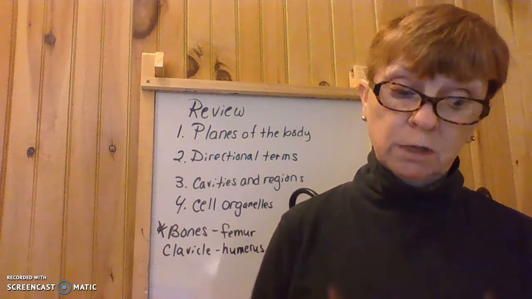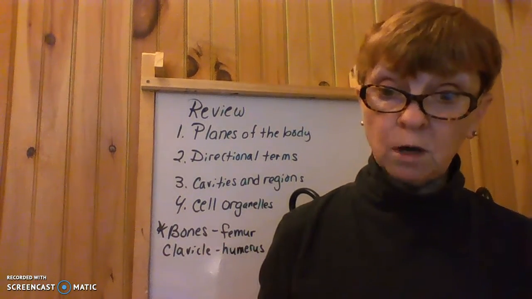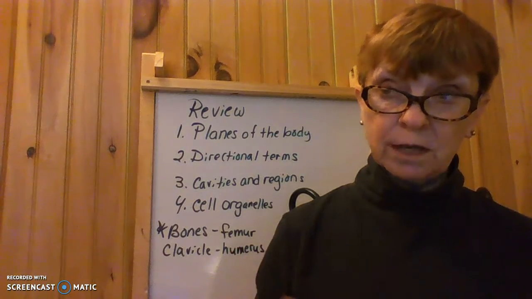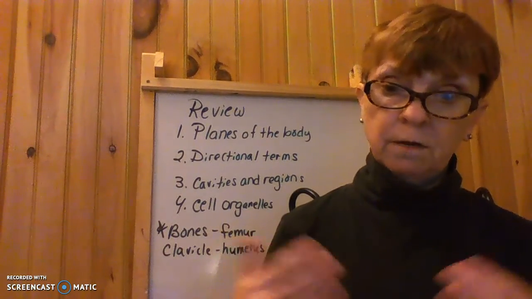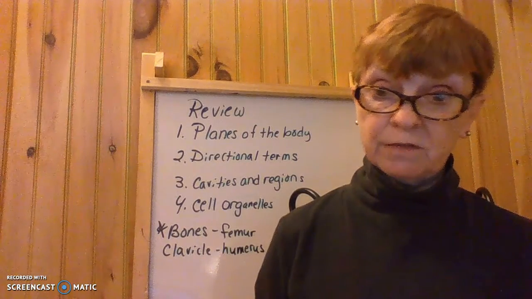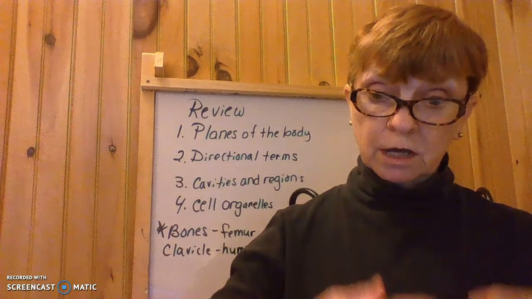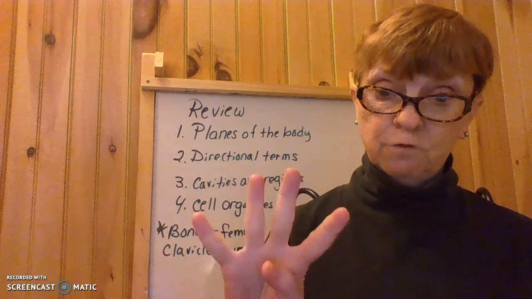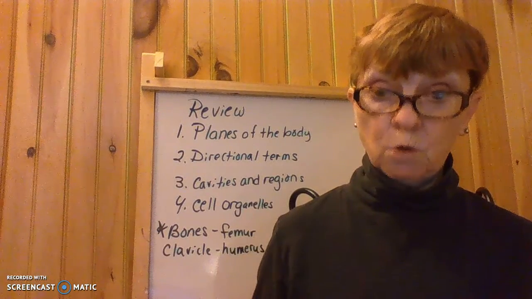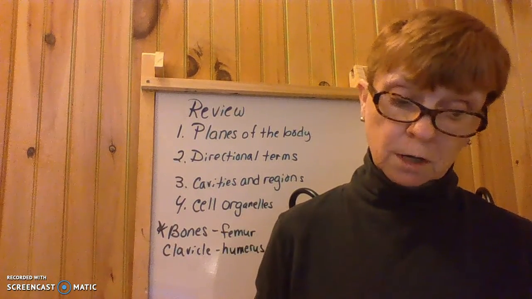So let's go over the regions again. We divide the abdominal area into quadrants. If a doctor was asking you where your pain was, and they are looking for what quadrant that is, they can figure out more or less what organ might be having an issue, whether it's appendicitis or diverticulitis in the intestines, etc. So the large abdominal region is divided into 4 quadrants, the right and left upper quadrant and the right and left lower quadrant. We then want to divide that up a little bit more into regions.